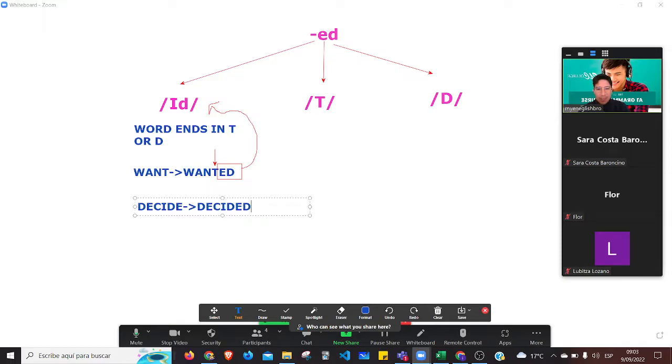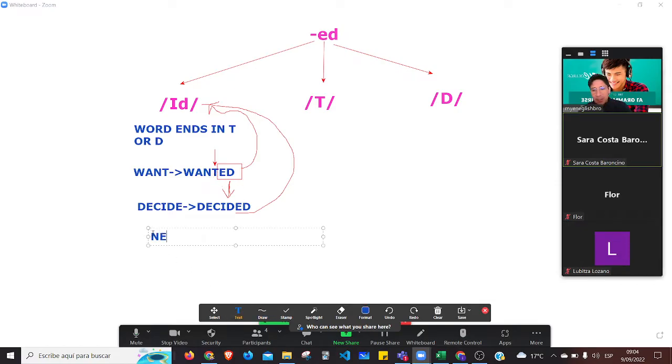You say decide. What is the correct pronunciation of this verb in the past participle? Nope. You know that we pronounce it al final. So we say decide. Decided. Decided. Wanted.